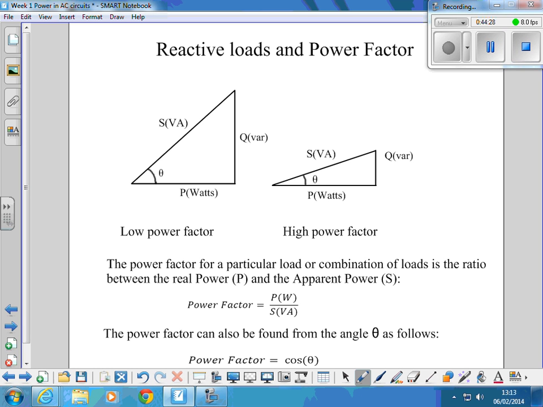A power factor of unity, or 1, is an angle of 0, so it's a perfect non-reactive load. Generally we don't get to that in an industrial situation, because once you get beyond a certain point, you don't get the payback on the amount of capacitance you have to add to get rid of any more reactive load. So our power factor is the cosine of this angle, or we can get it from the ratio between P and S.